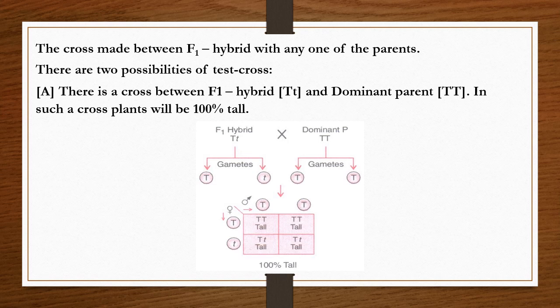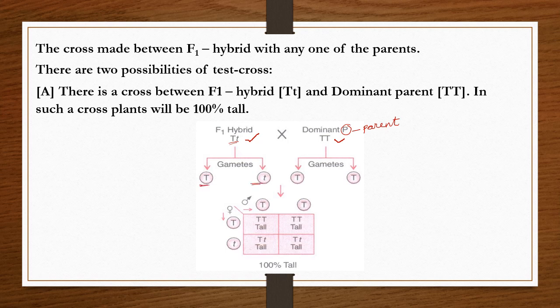See, the F1 hybrid, as we already mentioned, is capital T small t, and you need to cross it with a dominant parent, PP, where P represents the parent. The dominant parent is represented with capital T, capital T. We know very well that the F1 hybrid is heterozygous, capital T small t, so two different gametes are formed.